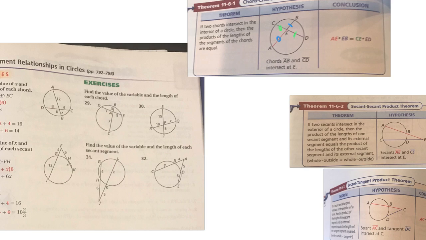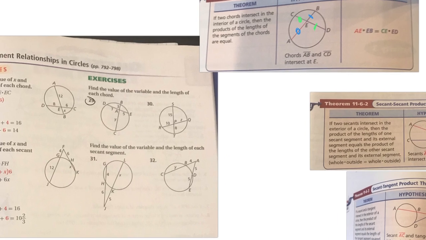So therefore, with regards to problem number 29, 3y is going to equal 7 times 5. Therefore, 3y equals 35, and therefore y equals 35 divided by 3.